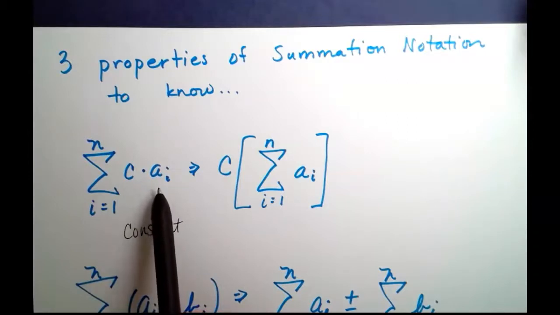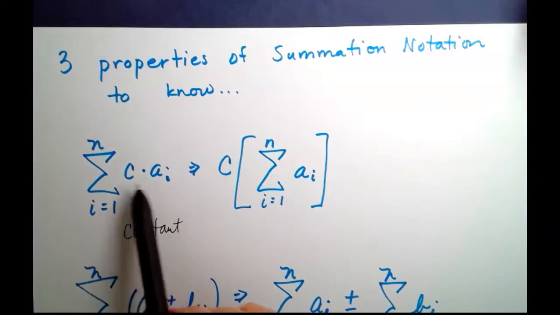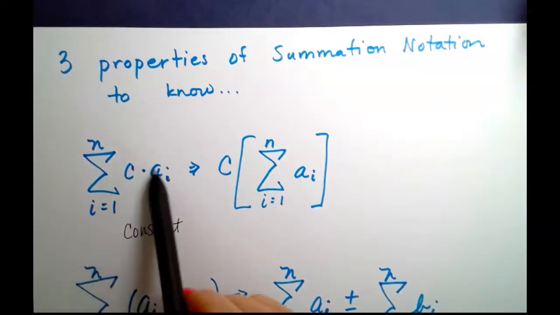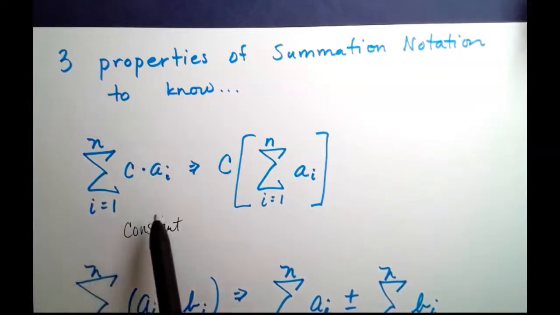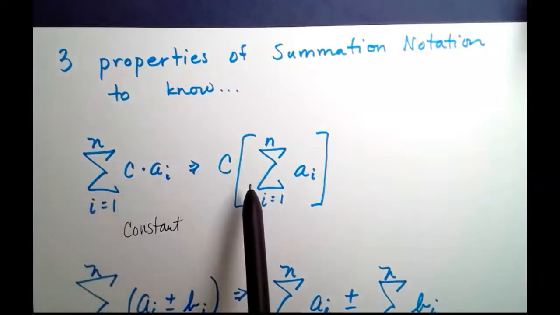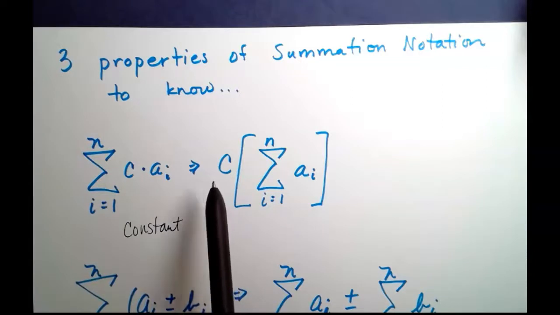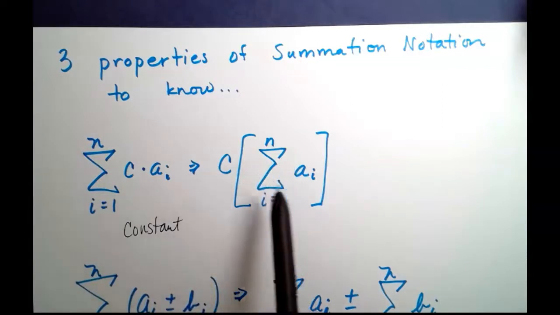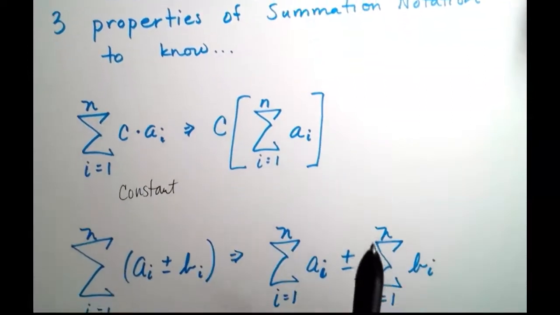All right, so our term is going to be just growing. So C times 1, C times 2, C times 3, C times 4. So we can break this apart. Instead of having the summation of C times A sub I, it equals the same thing as the constant C times the summation of A sub I, with a lower limit of 1 and an upper limit of n.